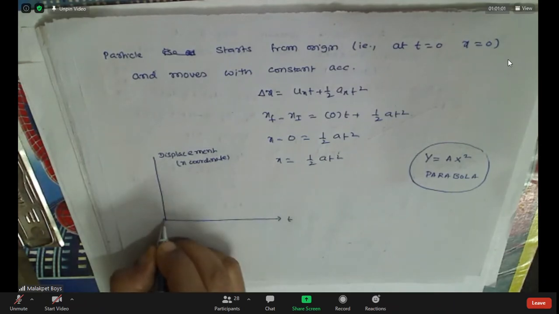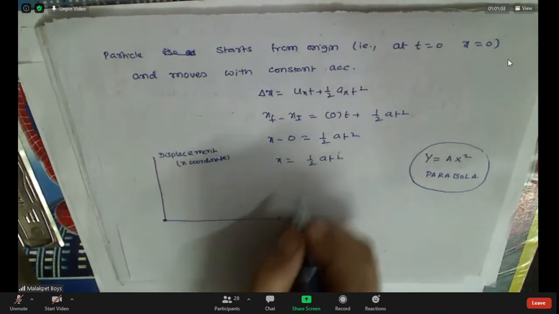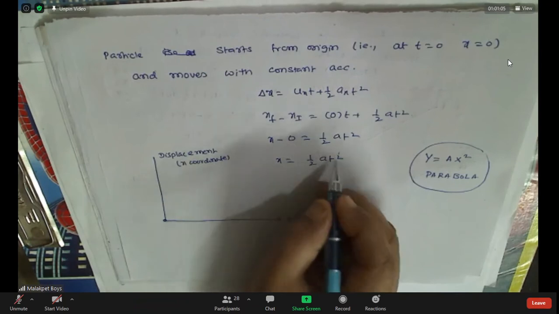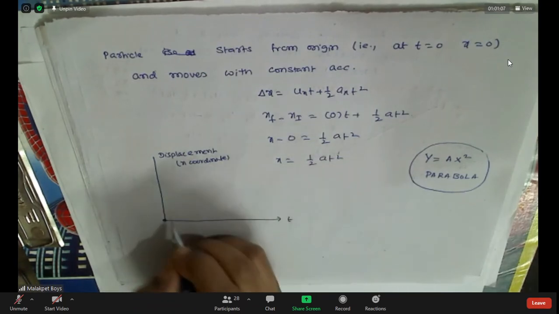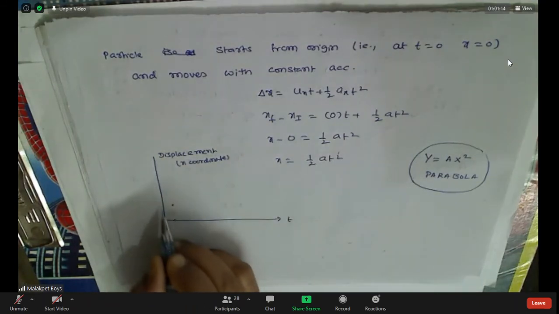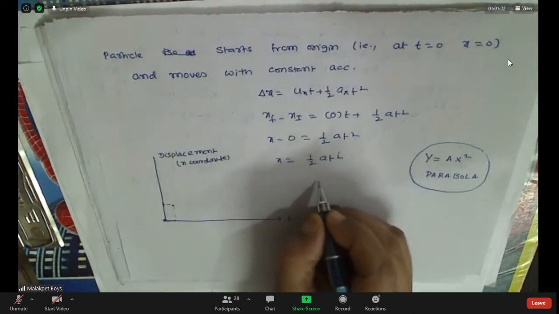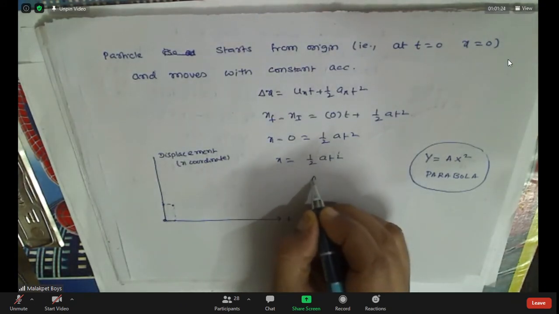So this is time. Initially it is here. As t is increasing, x increases more, no? Which is more? T is lesser, x is more. Followed? This much t, this much x. This is x, this is t, which is more? X should be more now.